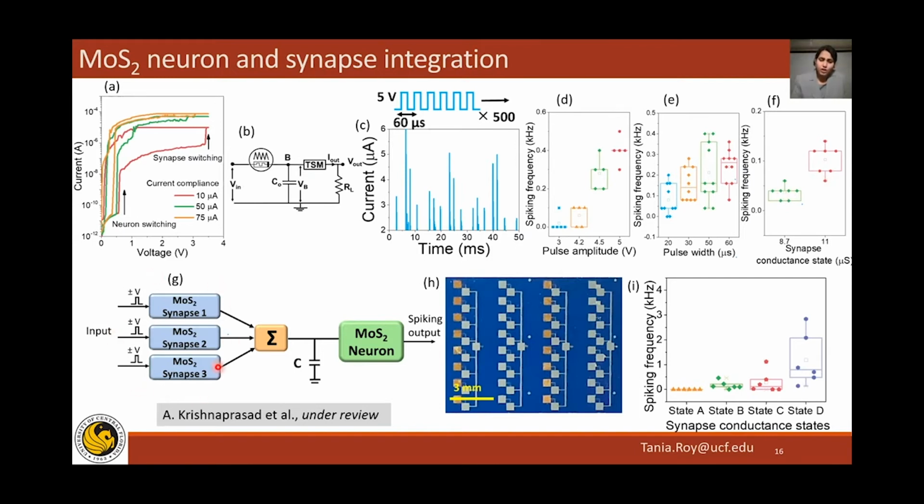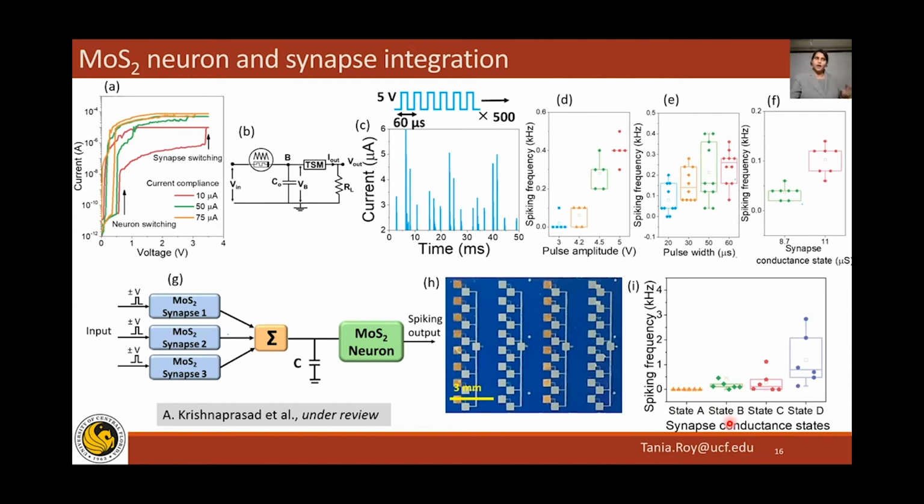Then we connect three different synapses to one neuron on the same chip, laid out like that. We can see how the spiking frequency changes. In state A, we have all three synapses at high resistance. In state B, we have one synapse in low resistance, two in high resistance.